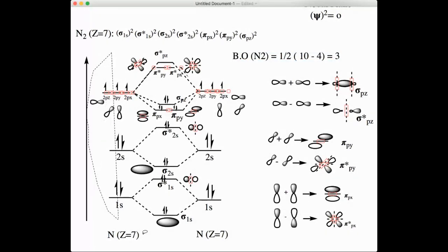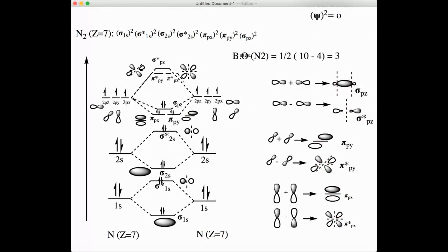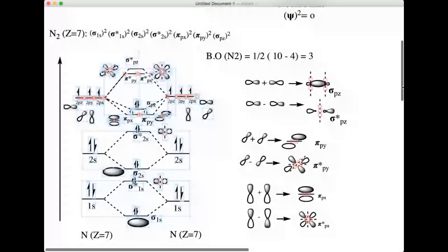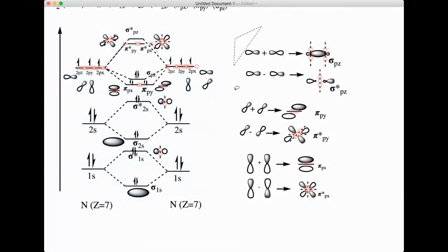Any questions so far, guys? Okay, no questions? Okay, so I'm going to reduce the size of this, and I'm going to get rid of this.